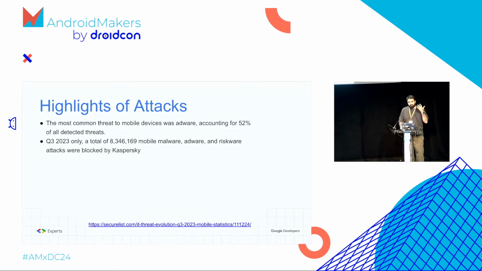They reported that more than 8 million mobile malware and all these small other categories were blocked by Kaspersky, only by Kaspersky, and only in one quarter, so quite a scary number. And out of all those numbers, 52% was adware. Adware can be a very vague term, but basically it hijacks your screen, shows you advertisements, and the application is useless most of the time.